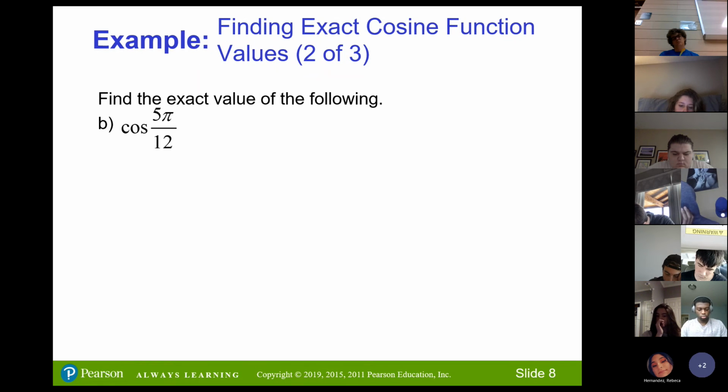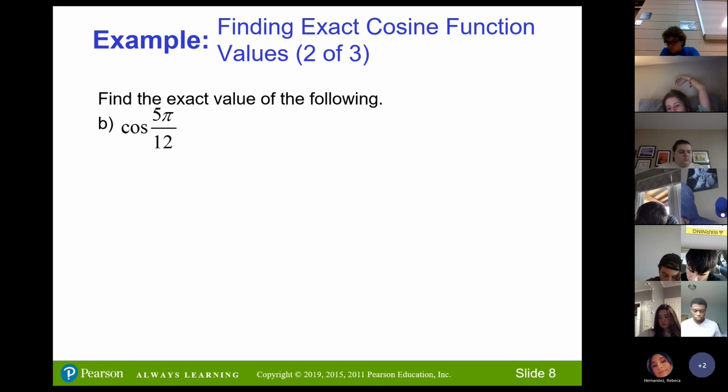But you do what you want to. 5 pi over 12. So 5 pi over 12 is what?